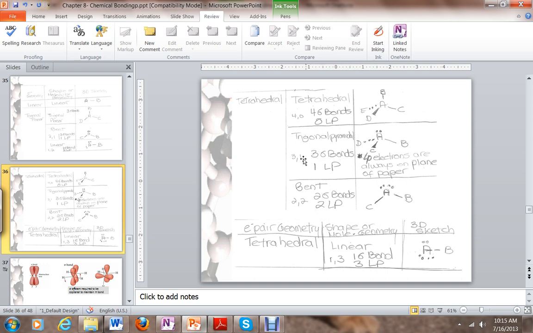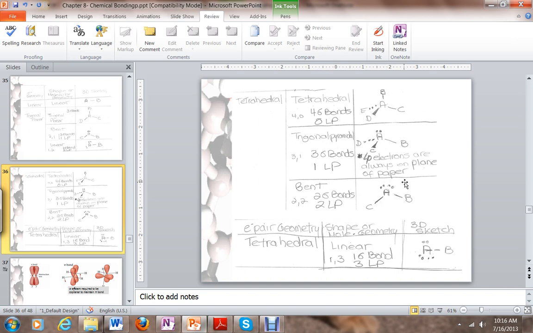Trigonal pyramidal is going to be 3 and 1. It's going to be three atoms and one lone pair, and at the same time you represent your lone pairs. This is going to be on the same plane, but this is going to be up front. This is going to be on the back of the molecule. Then you have the tetrahedral bent, which is going to be 2 and 2.